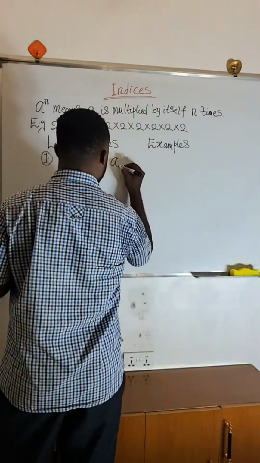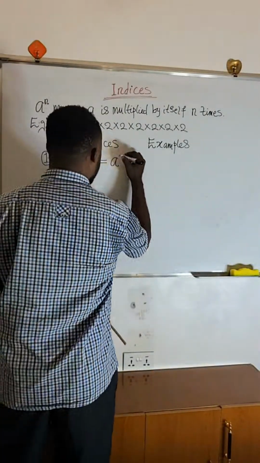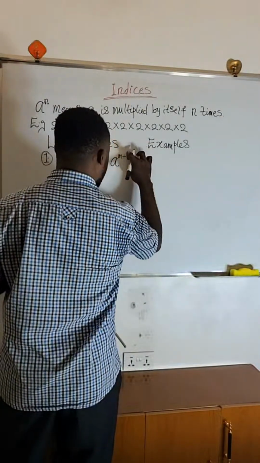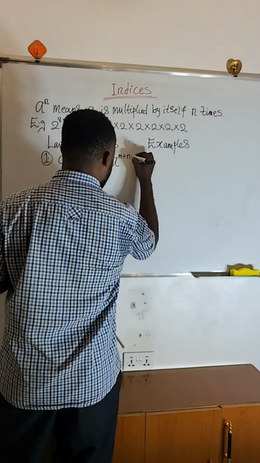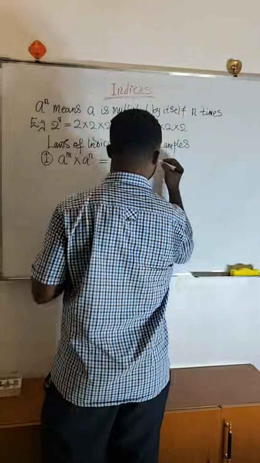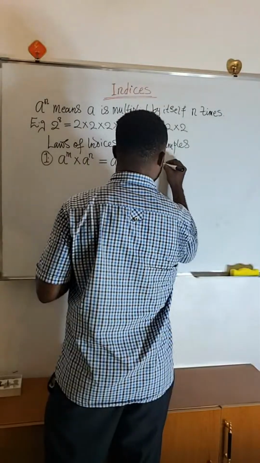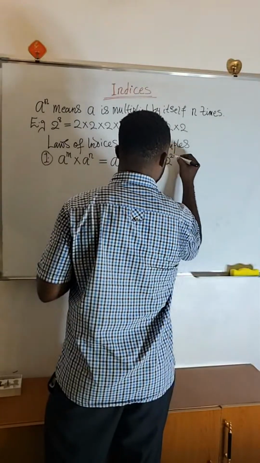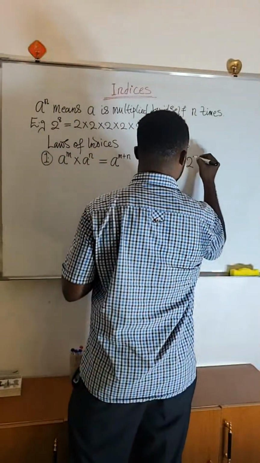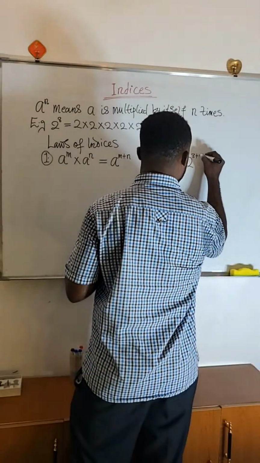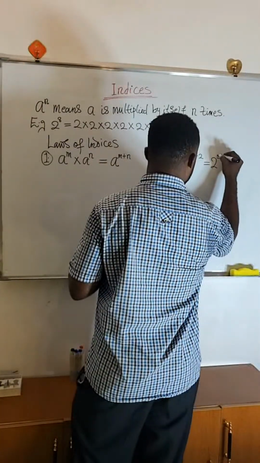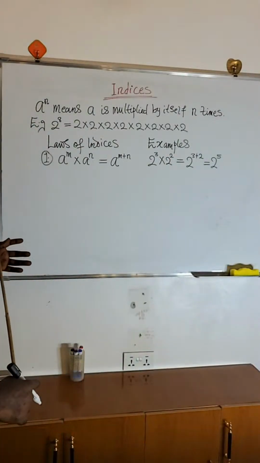This will simply mean a raised to the power of the first power plus the second power. For example, if you have 2 raised to the power of 3 times another 2 raised to the power of 2, this will simply mean 2 raised to the power of 3 plus 2, and that will be 2 raised to the power of 5. Can you see that?